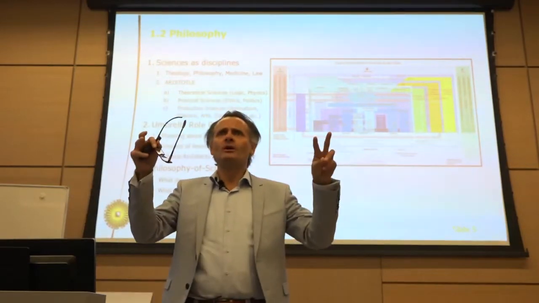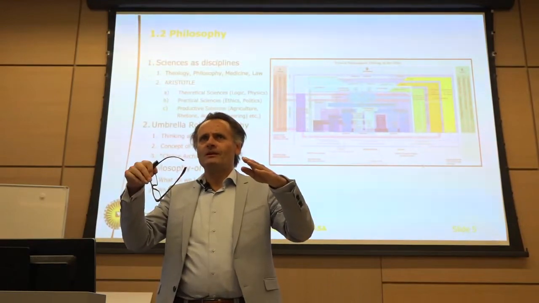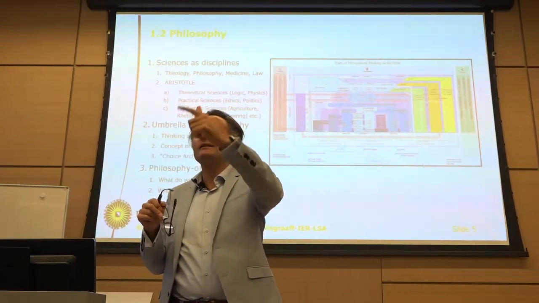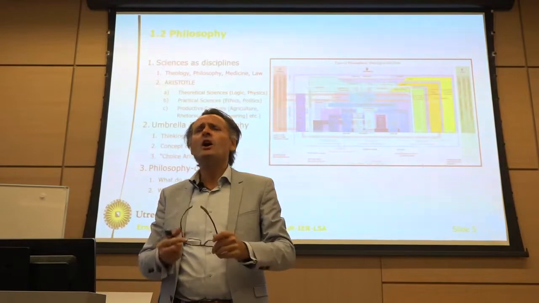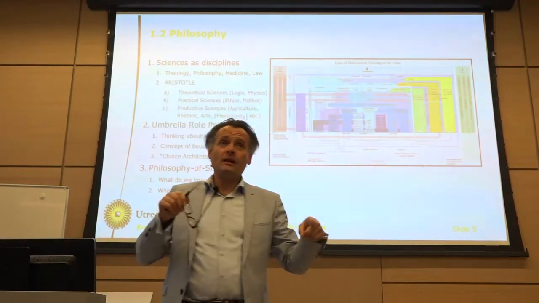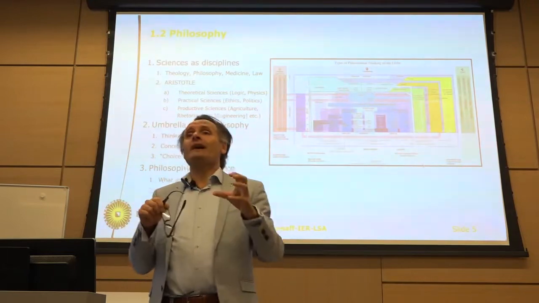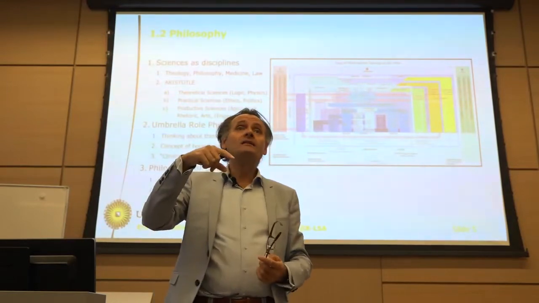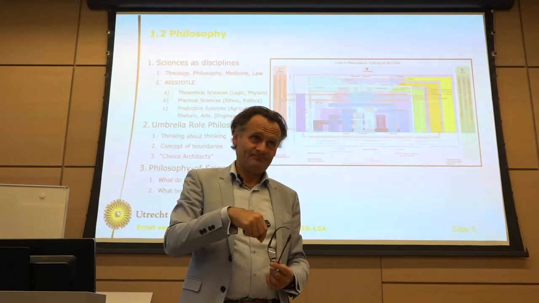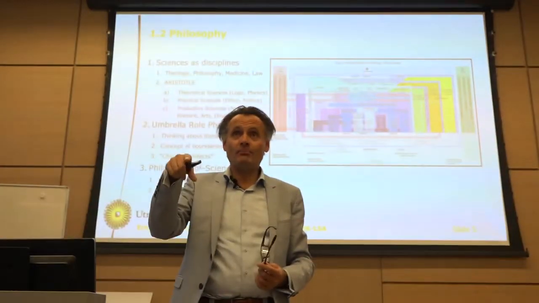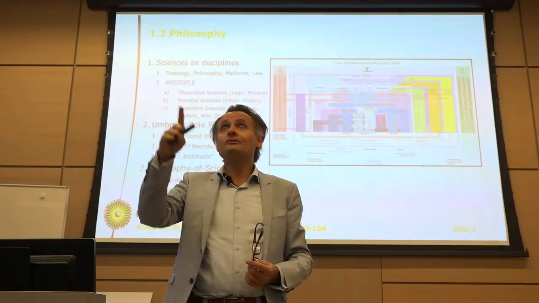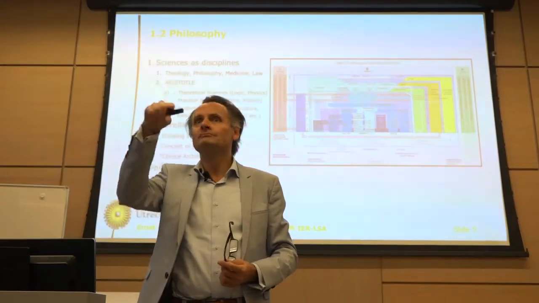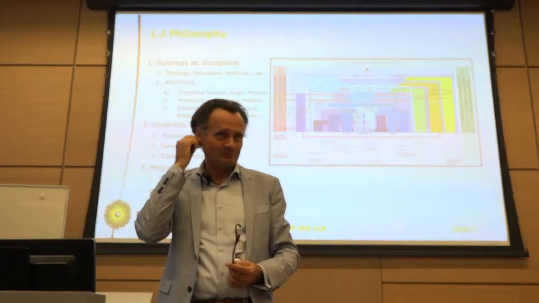So learned people were, according to him, either active in theoretical sciences, like logic and natural science and physics and stuff like that, or they were active in practical sciences, defined as ethics for individuals or politics for groups, or in productive sciences, as in agriculture, shipbuilding, medicine, rhetoric, we will come back to that, arts, we will come back to that, engineering, sounds like LLM, innovation, technology and law.